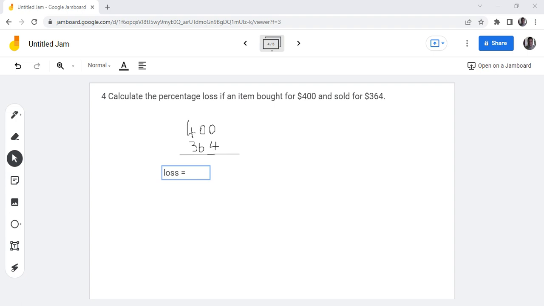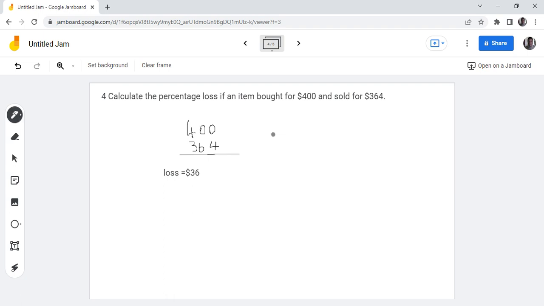So 400 take away 364 equals 36. So the loss is equal to 36. Now, what you're going to try to find is the loss percentage.